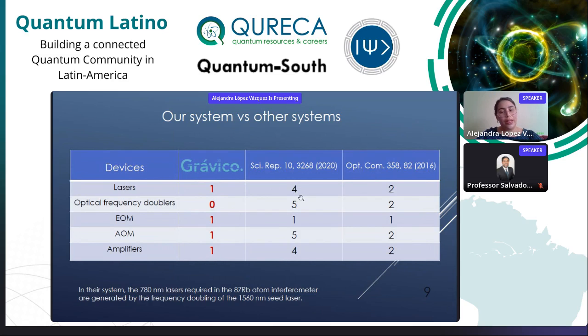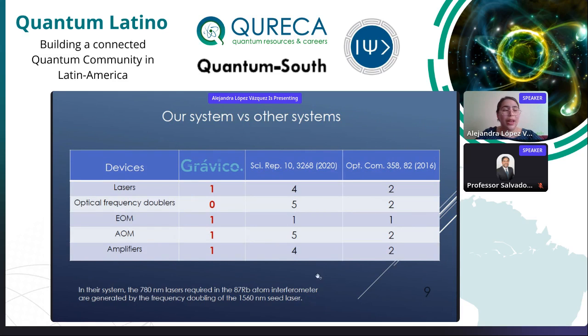Entonces, por ejemplo, aquí hice mi comparación con dos módulos de otros grupos, los cuales inicialmente están ocupando 4 láseres o 2 láseres, ocupan varios moduladores acústico-ópticos, varios amplificadores e inclusive su haz inicial o su láser inicial no es un láser de 780 nanómetros.